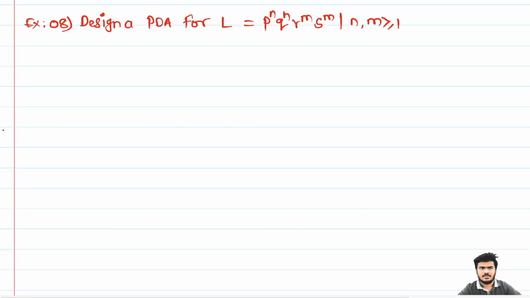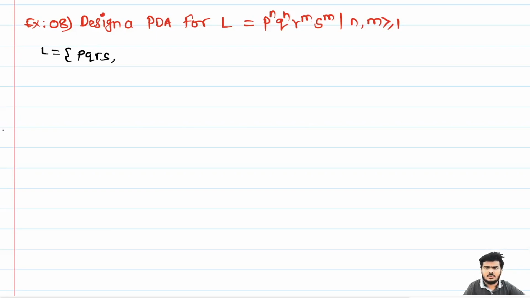Let's take this example. We have to design a PDA for the language p raised to power n, q raised to power n, r raised to power m, s raised to power m, where n, m is greater than or equal to 1. First, we will write what strings are possible over this language. The minimum length string will be pqrs when n and m are equal to 1.